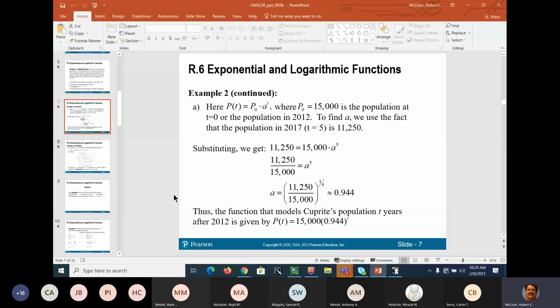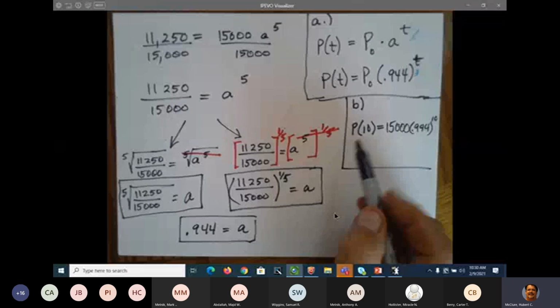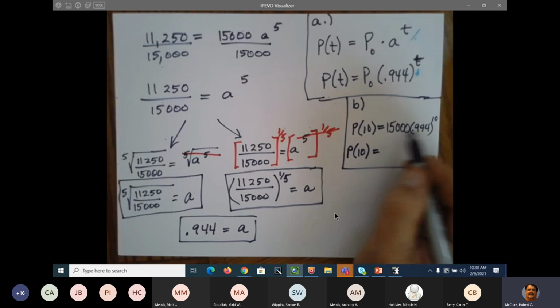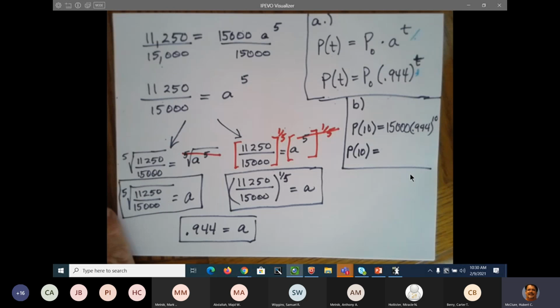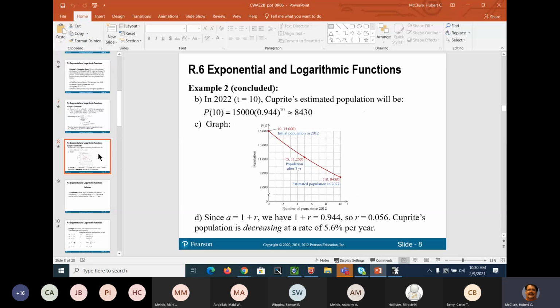And that is how you do the P of 10, which is B, which I told you a while ago was 2022. So P of 10, 10 years, is equal to, crank that out, and I'm just saving time here. 8430.